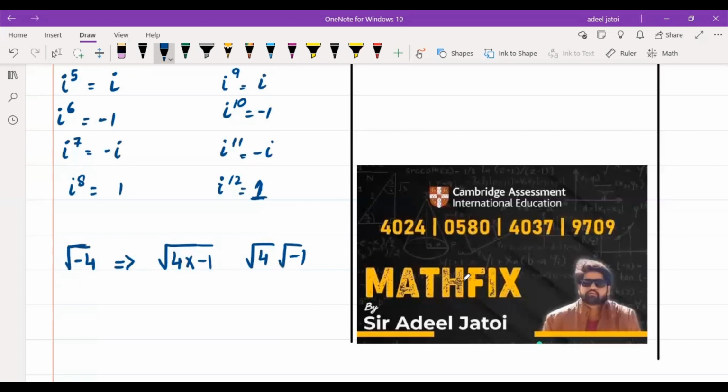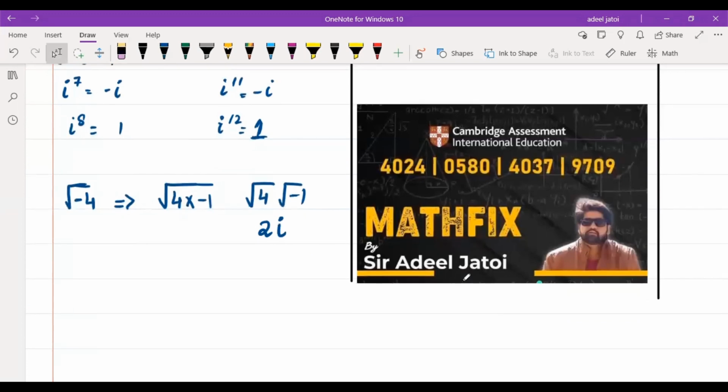So under root 4 is basically 2, and under root -1 is iota. So under root -4 will be 2 iota.